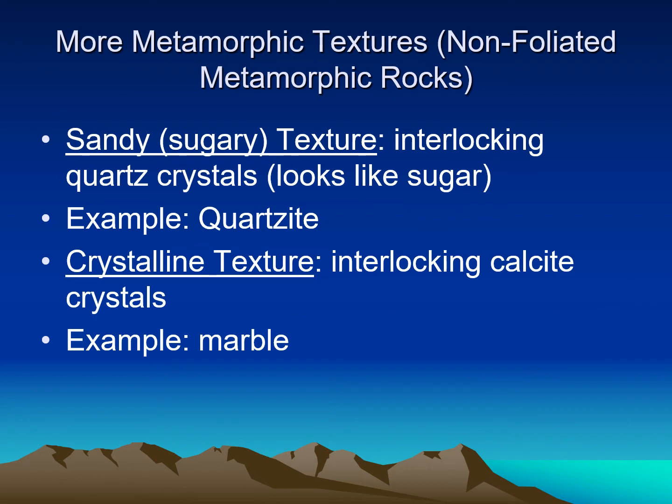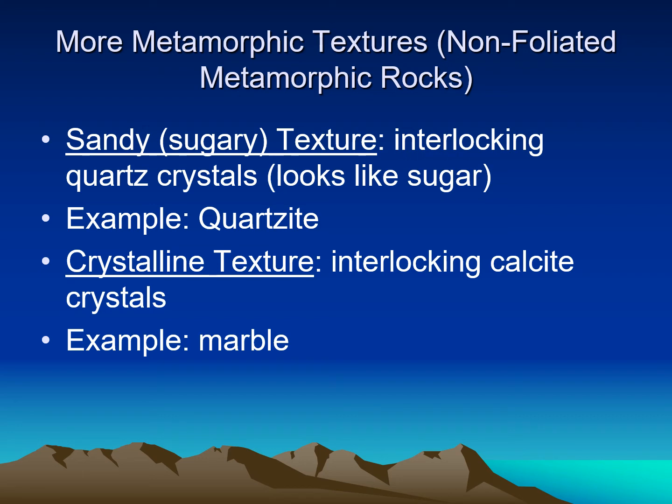Okay, so metamorphic rocks that are non-foliated, you don't need to write down these textures. I'm just going to have you write down a couple of examples. The two good examples here are quartzite and marble. So quartzite and marble also were our examples for recrystallization, meaning that you begin with quartz and end with quartz, or you begin with calcite and end with calcite.